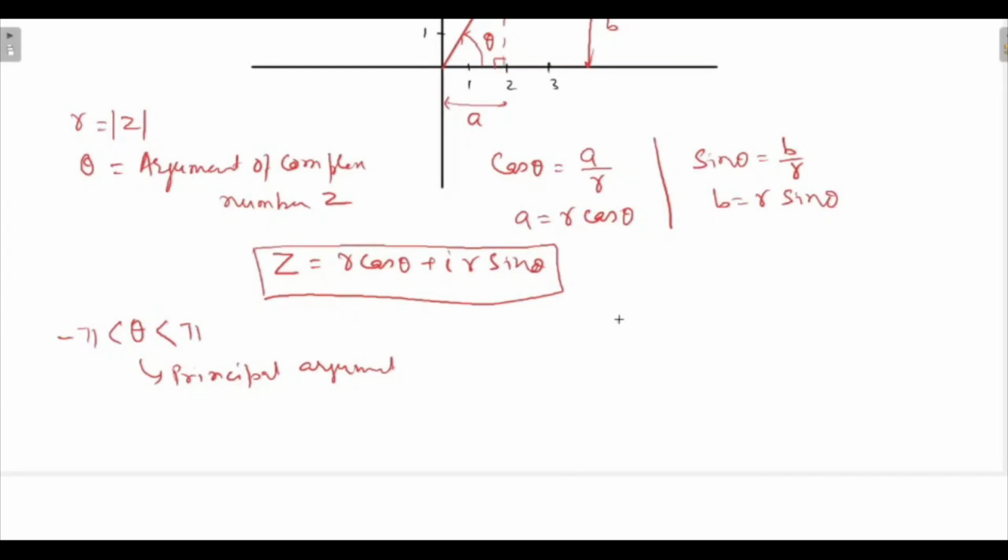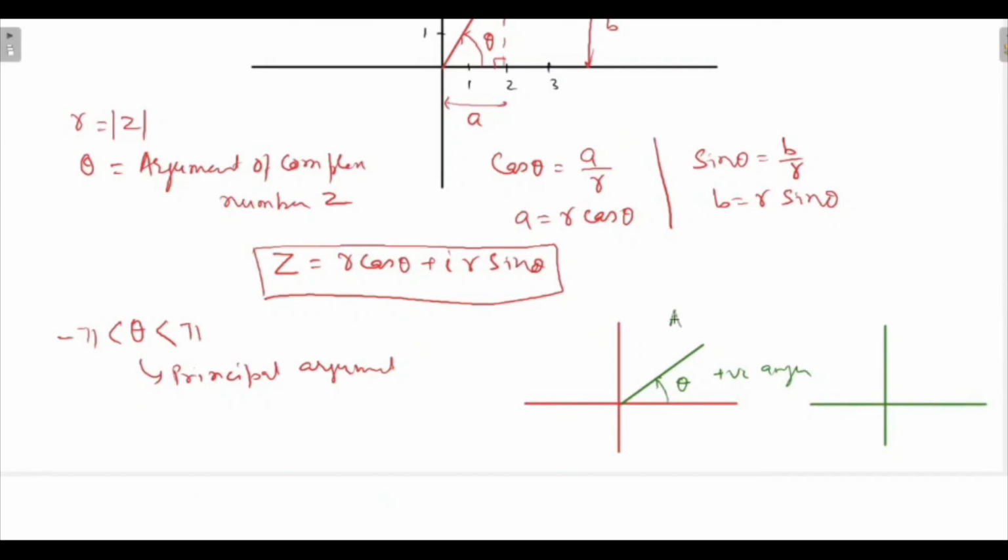Say if you have the Argand plane like this, then you have one of the complex numbers like this. If it is moving anti-clockwise, then the theta is going to be positive. This is a positive angle. And if we are moving in the negative direction, or clockwise, so basically anti-clockwise is positive.